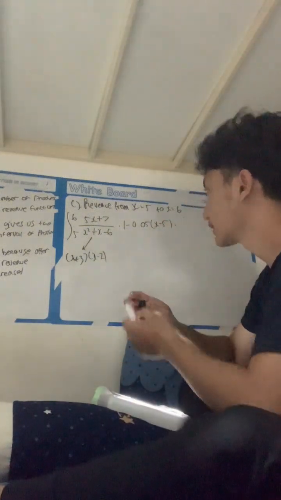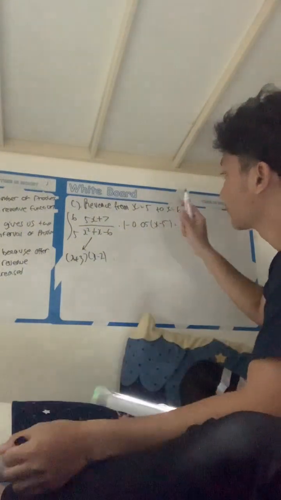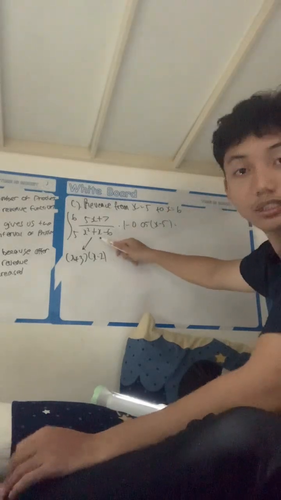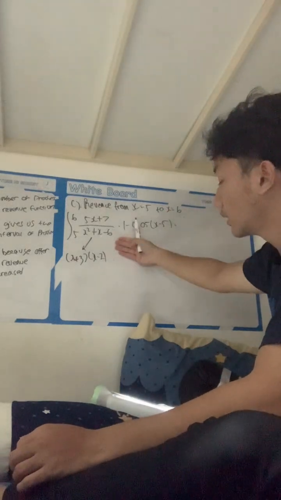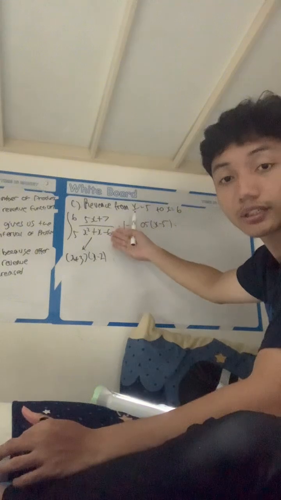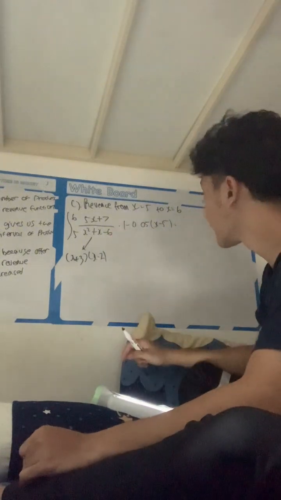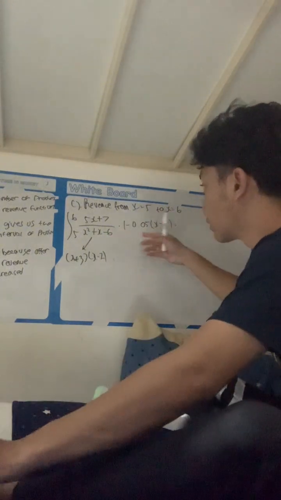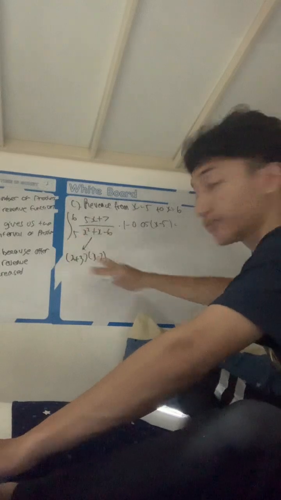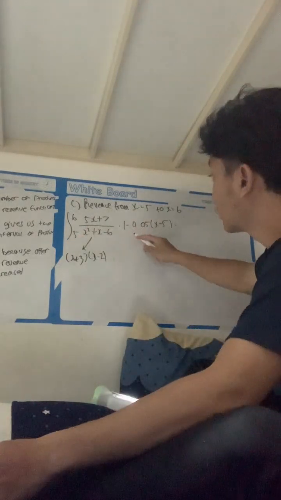So first, I already transformed this to a quadratic expression. I'm going to ignore this part first, so I'm going to do this first. So how to do this one?